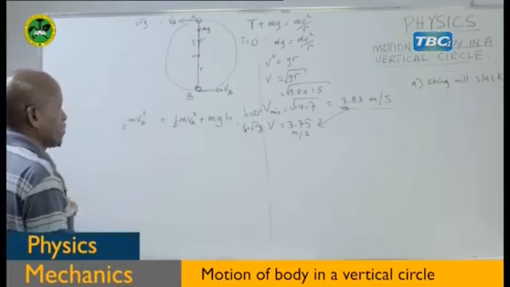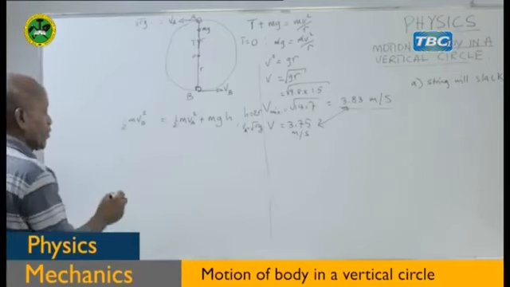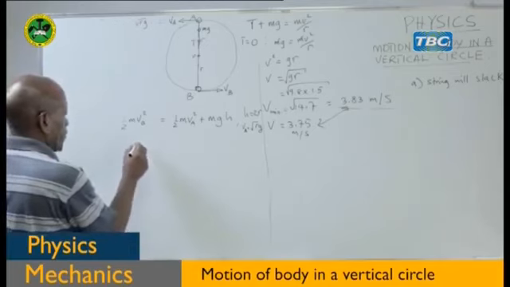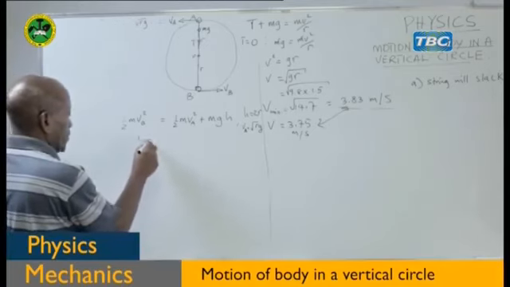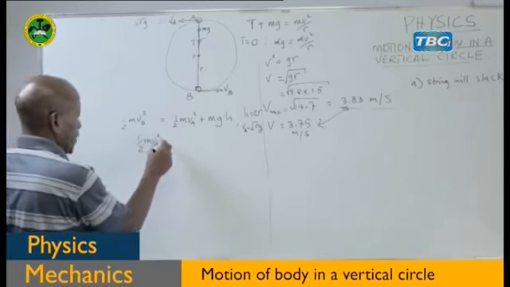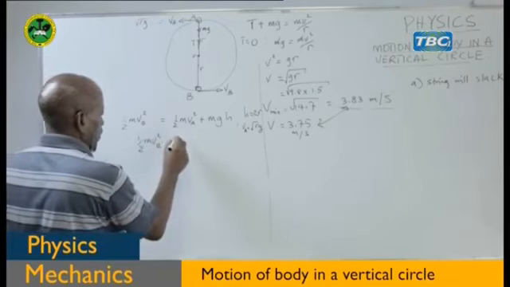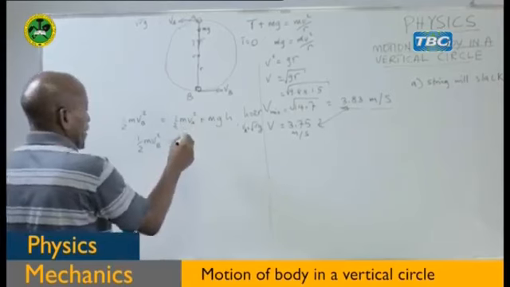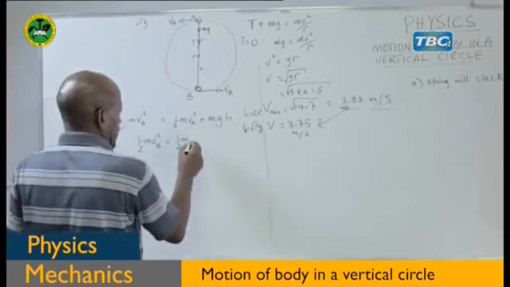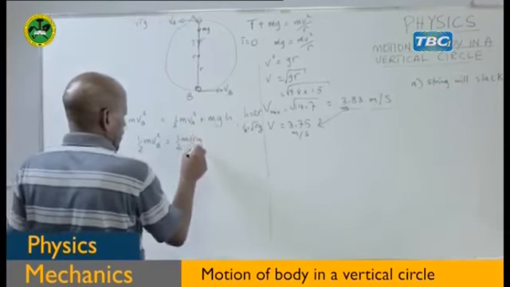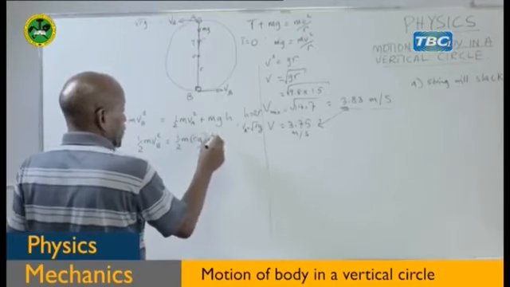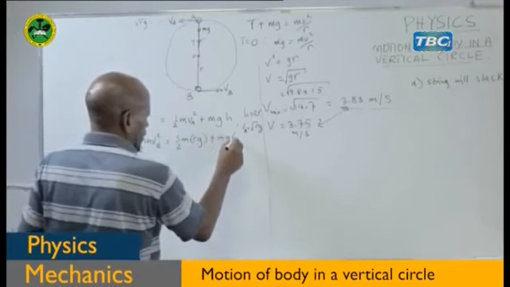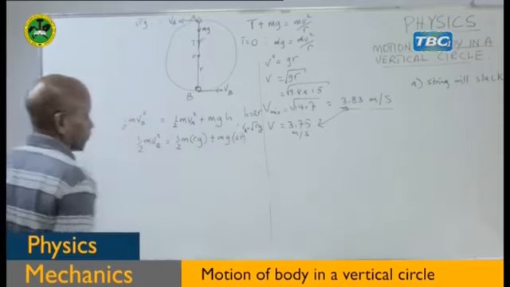So we need just to substitute and see what we get. Here we have a half times m times VB squared, which is equal to a half times m times VA squared, that is RG, plus mgh, so m times g, and h is equal to 2R.